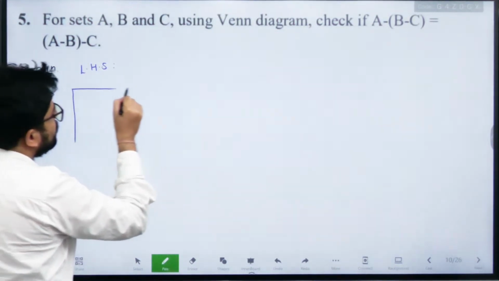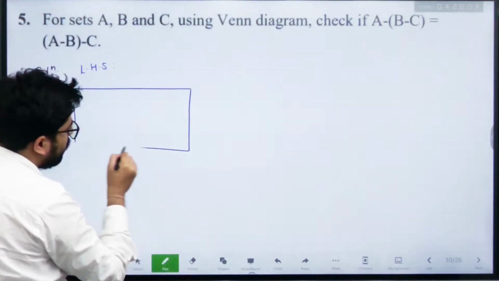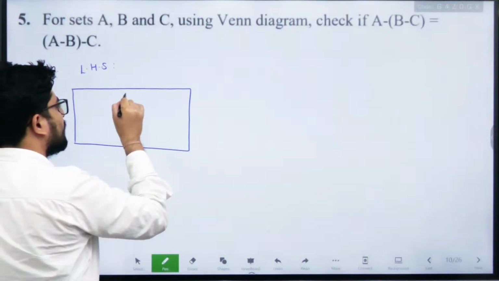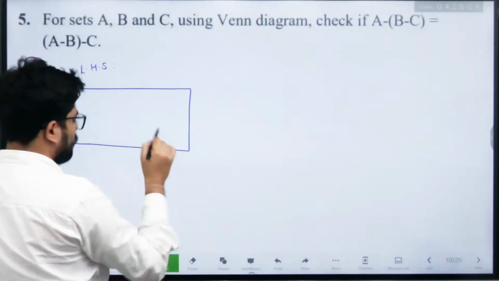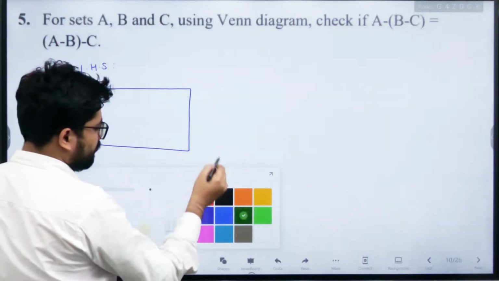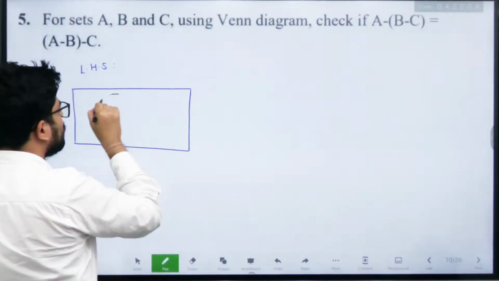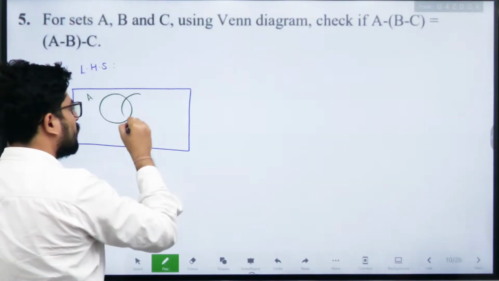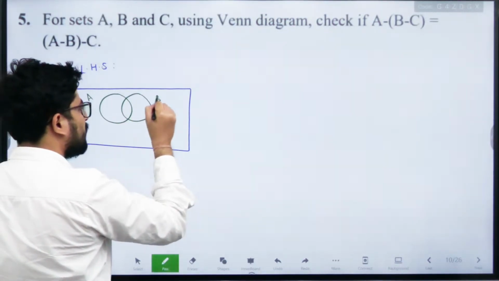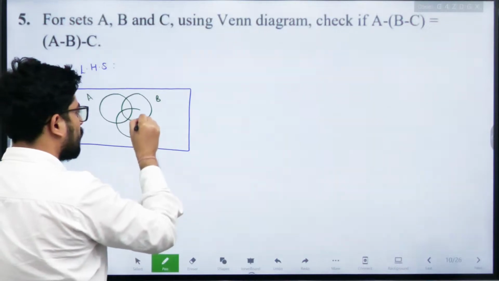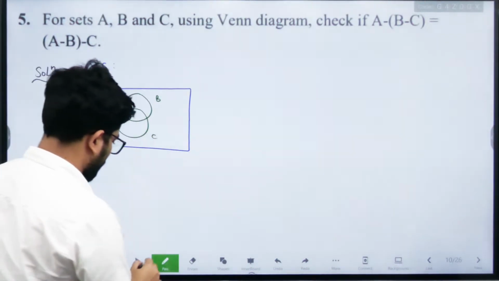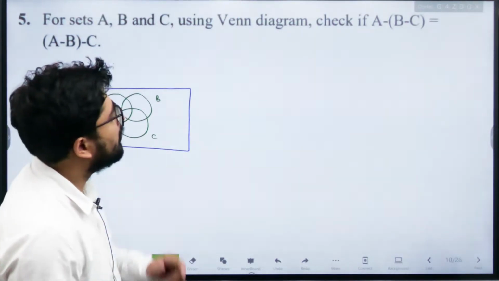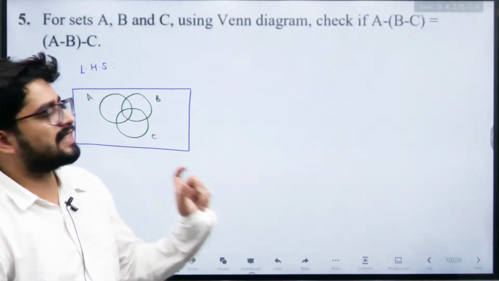Let's say this is your universal set. Draw your three sets A, B and C. Now you have to calculate B minus C first of all.